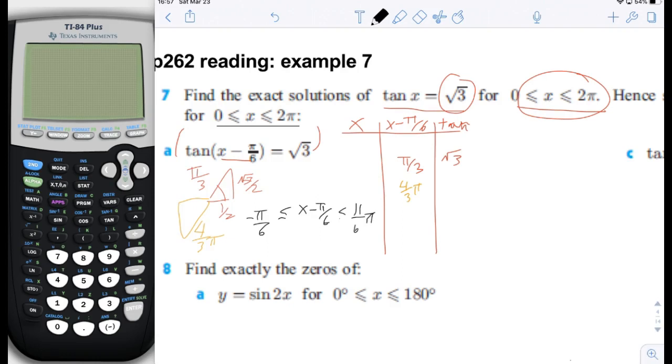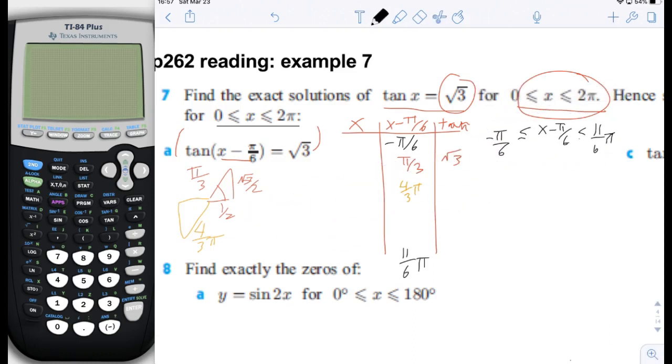So that would be negative pi over 6 here and 11/6 pi here. Okay? We get rid of this, put it over here.